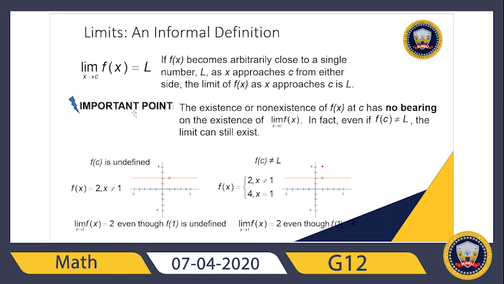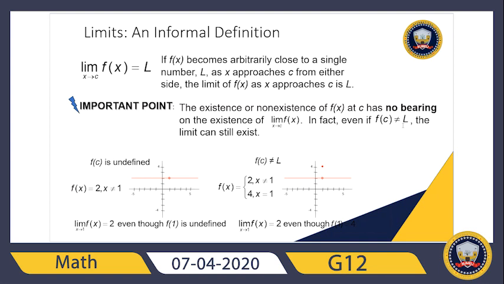That's why this important note says the existence or non-existence of f(c), at x equals c, has no relation to the existence of the limit of f(x) when x goes to c. Even when f(c) is not equal to L, the limit, we can say that we have the limit of this function.